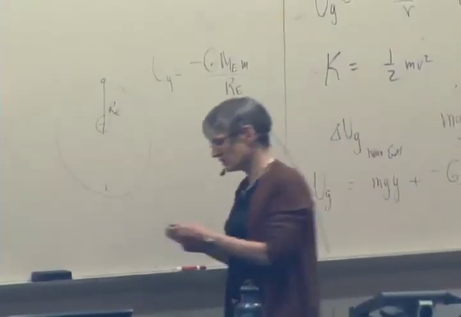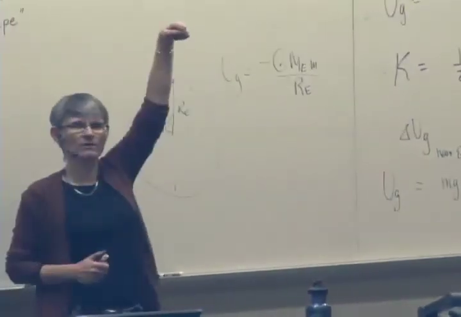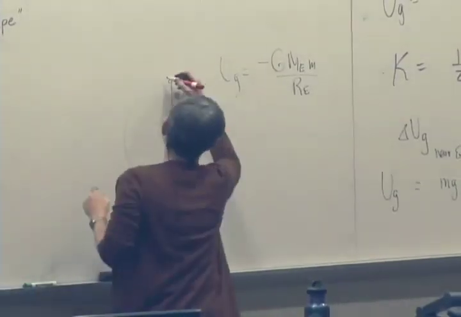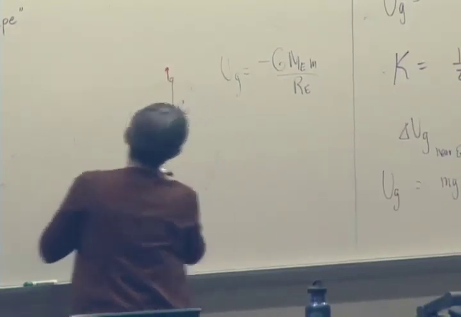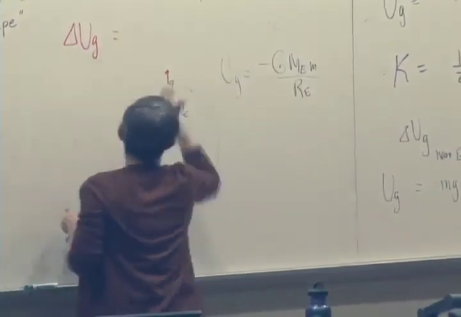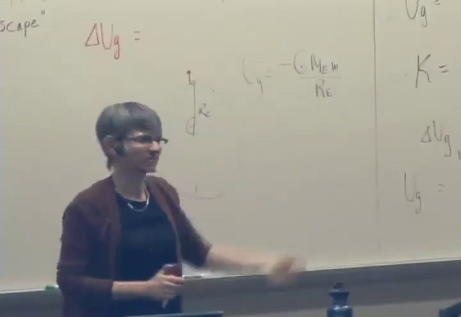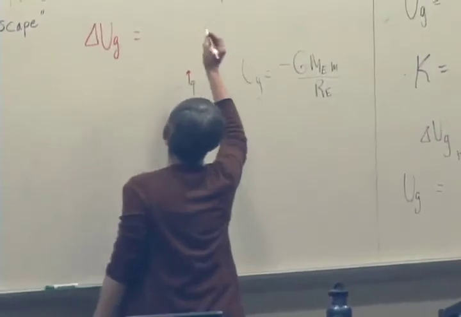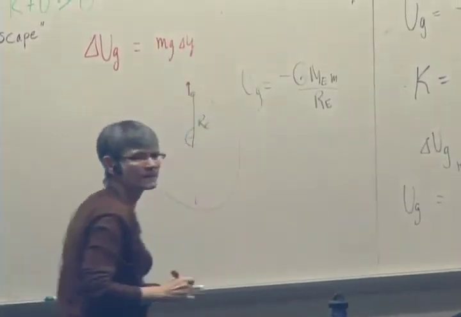Now we want to get the potential energy of the system when we pick the ball up 1 meter. We lift it 1 meter off the surface of the Earth, okay? So we know the change in the gravitational energy is going to be the work done by me, and it's going to be mg change in y.